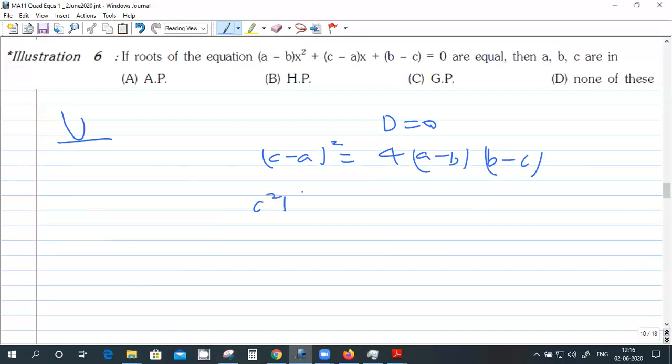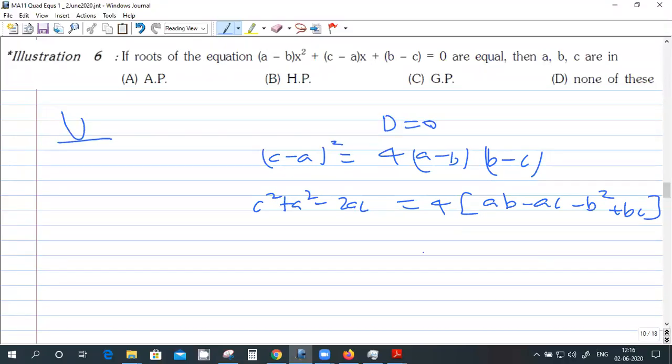So C square minus 2AC plus A square equals 4AB minus 2AC minus 4B square plus 4BC, right?